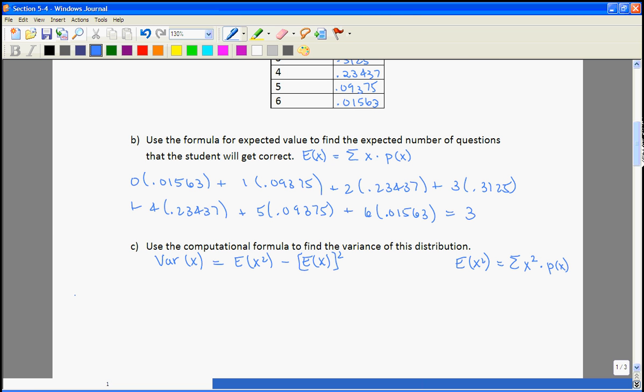So we have 1 squared times its probability, 2 squared times its probability, and so on for each value.